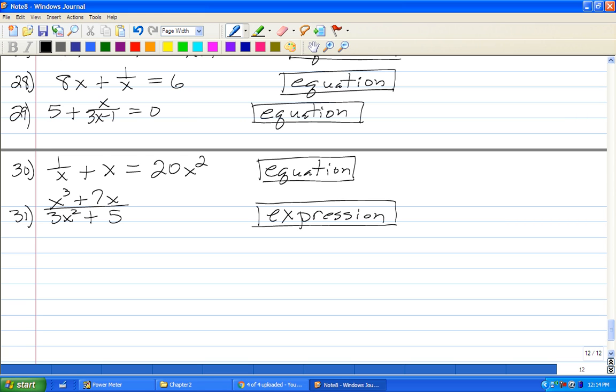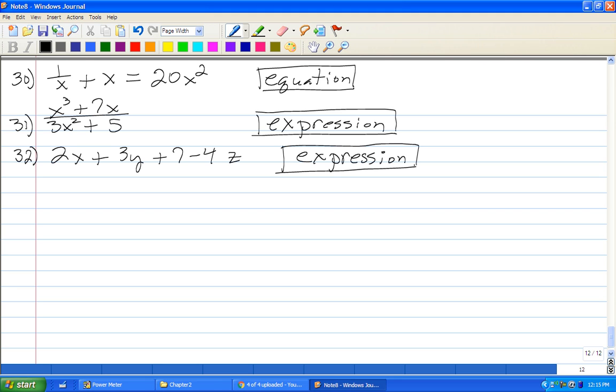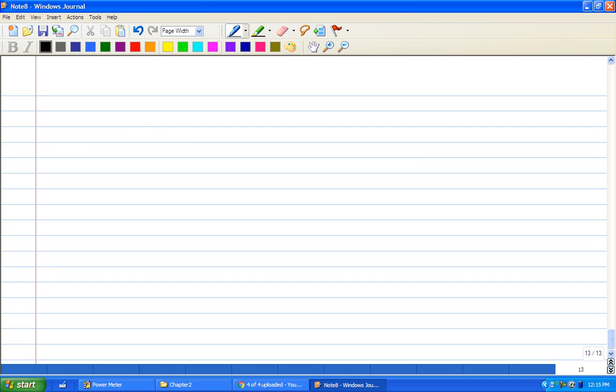However, we never solve expressions. 32: 2x plus 3y plus 7 minus 4z. Again, this is an expression. There's no equal sign. We never solve expressions. Let me do problem number 34.